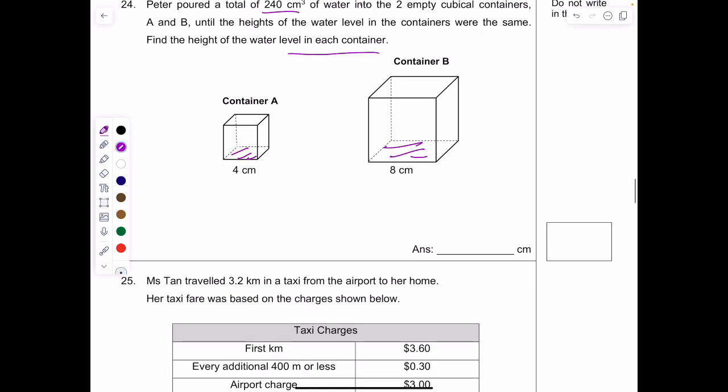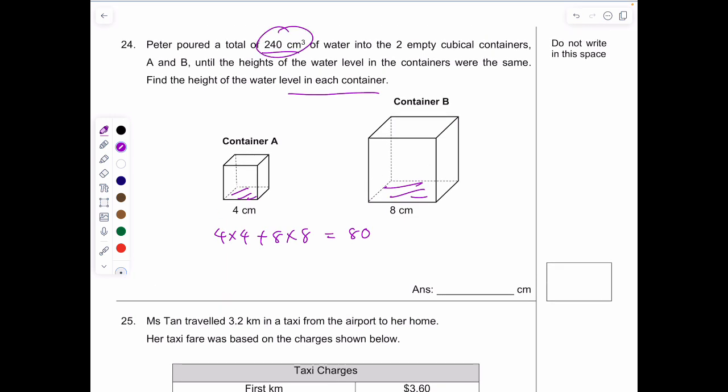So for A is actually 4 times 4 plus B, which is 8 times 8, and that will give us 80. After that, we know that the total volume is 240. So granted that the total volume is 240, we can actually take 240 divided by 80. That will give me 3. So this tells me that this is the height of each container, which is at 3. Okay? And they were the same.